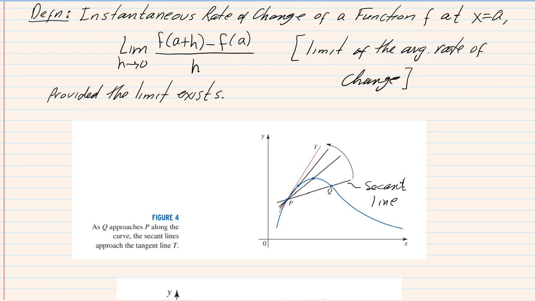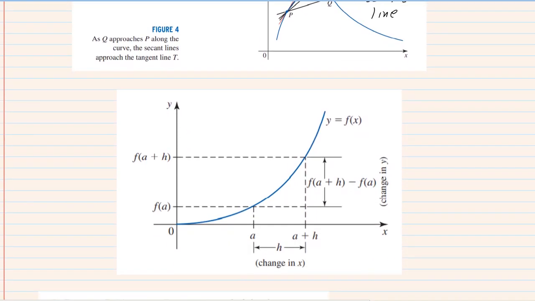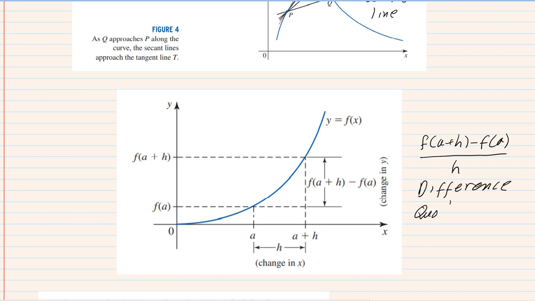Now, the other idea was the limit of the quotient. By the way, that expression that we saw, f at a plus h minus f at a over h, we call this a difference quotient, and we will look at difference quotients extensively in chapter 2 when we talk about derivatives of a function.